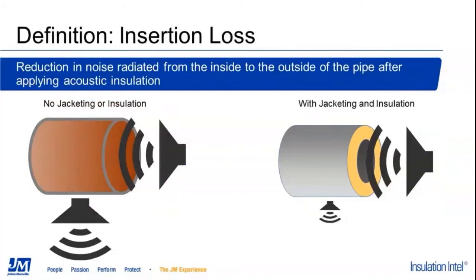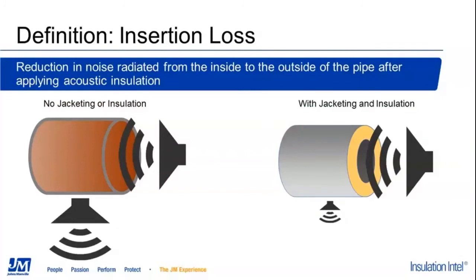Now let's take a look at a couple of definitions real quick as we continue looking at noise control. One of the first is a term called insertion loss, and insertion loss is looking at a reduction in the noise level radiated from the inside of a mechanism, in this case from the inside of a pipe, as compared to the noise level on the outside of the pipe.